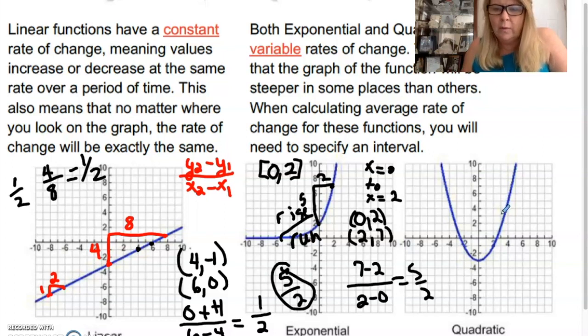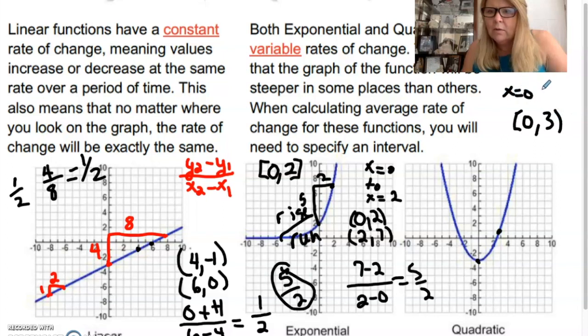Now let's come over to the quadratic. Let's find an interval that we want to talk about on this one. Let's go from where x is equal to 0, which is right there, to where x is equal to 3 right here. So from x equal to 0 to x equal to 3. Let's find our ordered pairs. That is the ordered pair 0, negative 3, and this is the ordered pair 3, 1.